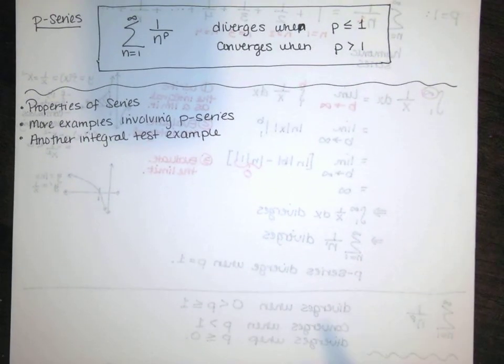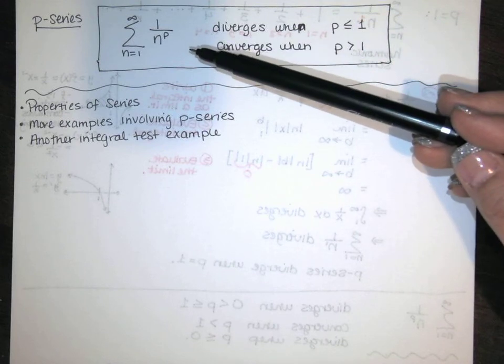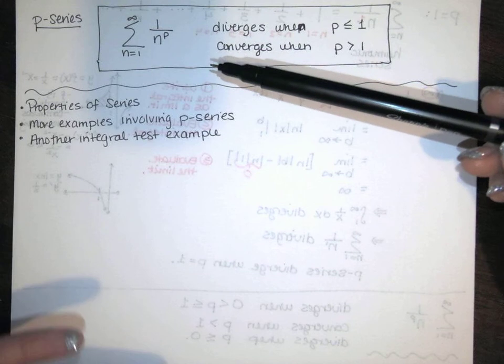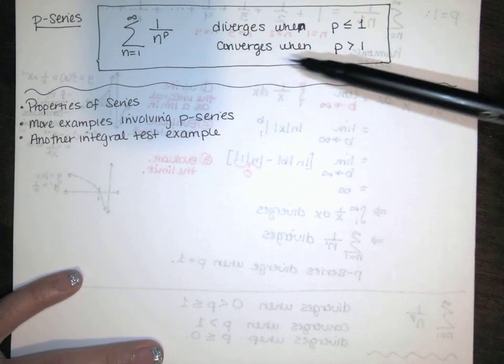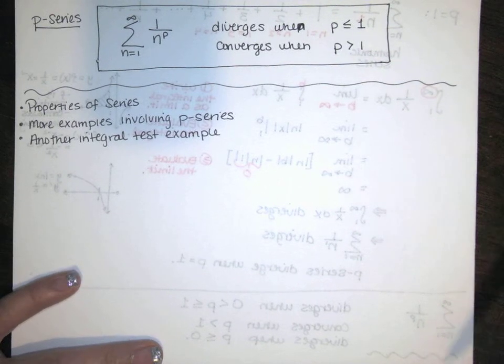Now, just to review what we talked about in the last video, if you have a p-series like this, it turns out that through the integral test and the nth term test for divergence, we were able to prove that this will diverge when p is less than or equal to 1, and it converges when p is greater than 1.